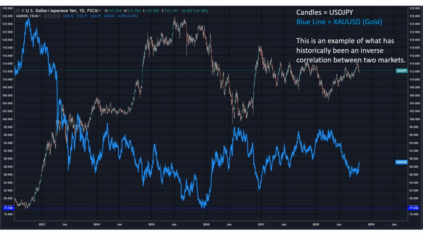Those safe haven assets will then receive demand at a similar time, or if there's a real risk-on mood or sentiment in markets, there may be less interest in the yen, less interest in gold. Stocks are ripping through the roof.